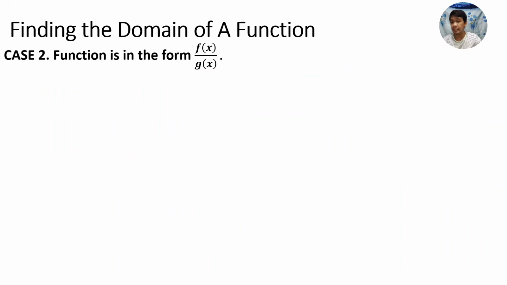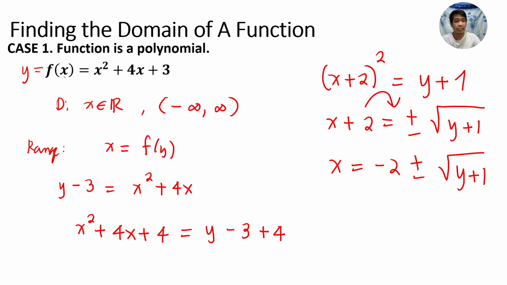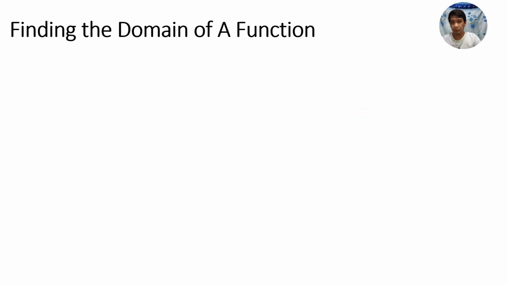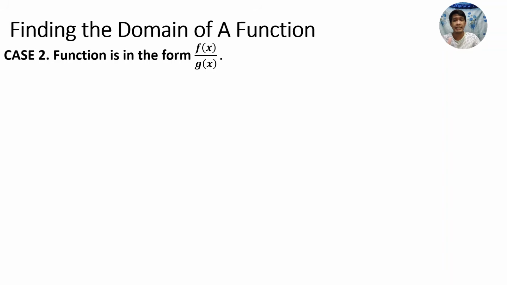So, what is case number 2? If the function is in the form f of x over g of x. Remember, we will come back to this later after we discuss the case with a square root. The function is in the form of f of x over g of x. In the definition of the domain, it is all possible values of x for which our answer will always be defined.